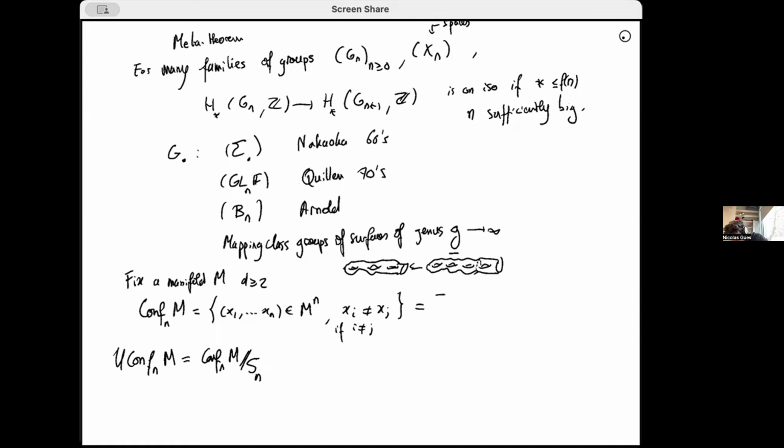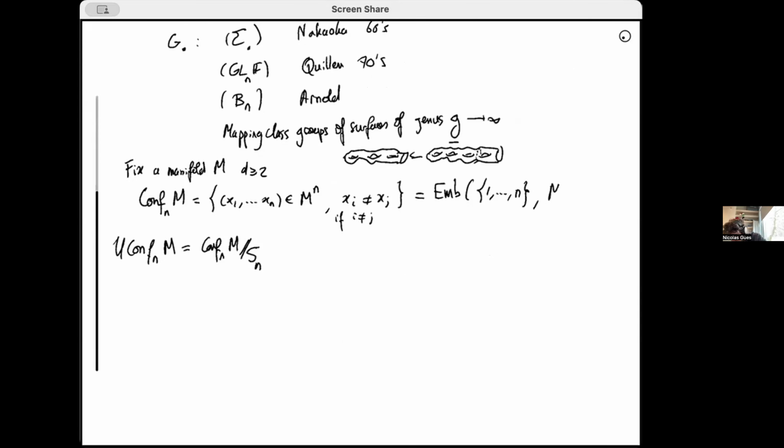Alternatively, it will be useful to see that this is the same thing as the space of embeddings from a finite set on n points inside M. And something that was proved a long time ago by McDuff and many other people.